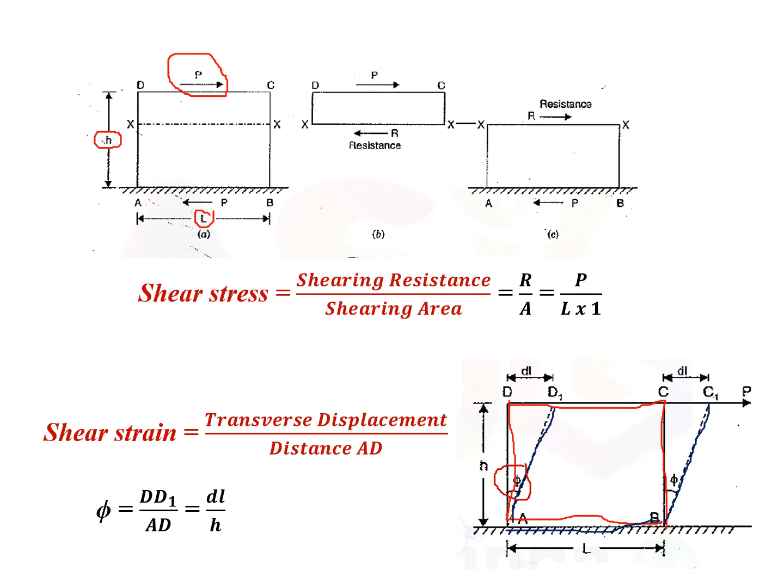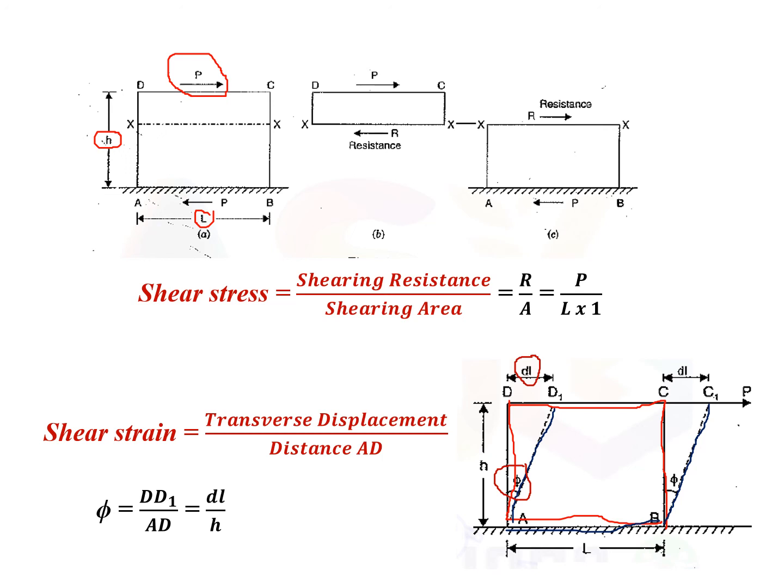And you know that tan theta is equal to opposite side by adjacent side, that is dd1 by ad. dd1, that is the dl, is the transverse displacement, divided by height. So phi is equal to dl by h. It is an angular distortion and it is expressed in units of angle, usually in radians. That is regarding the shear strain.